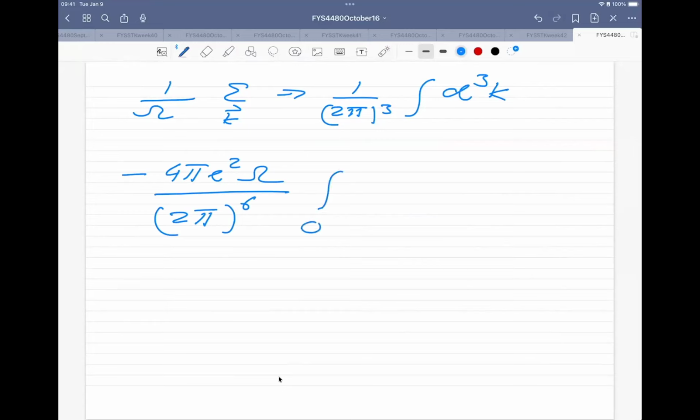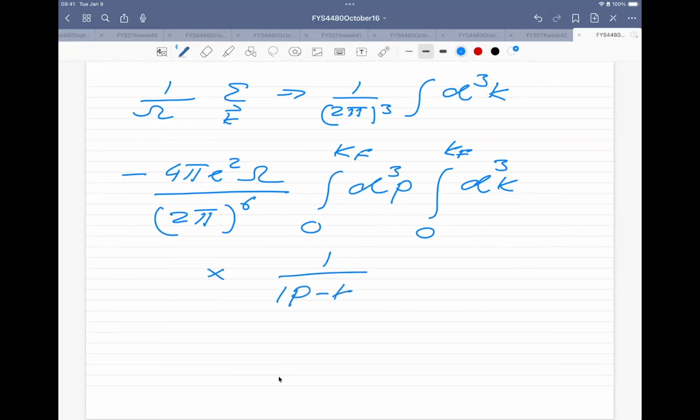And as I said, I'm going to bring back the problem with the fact that P and K cannot be equal. So just wait a small moment. And this is then multiplied with 1 over P minus K, and this is squared. And the fact that it's squared is something which will allow us to perform the calculations analytically.